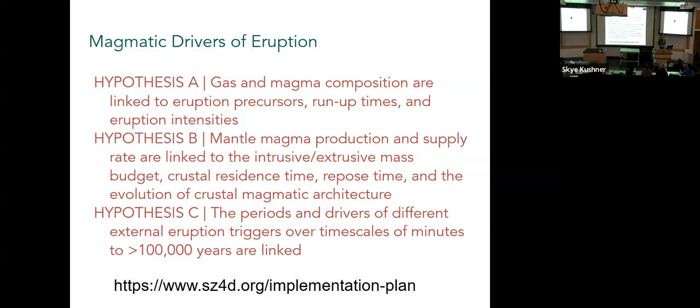Hypothesis B: mantle magma production and supply rate is linked to the intrusive, extrusive mass budget, crustal residence time, repose time, and evolution of crustal magmatic architecture. And hypothesis C: the periods and drivers of different external eruption triggers over time scales of minutes to hundreds of thousands of years are all linked. Details are in the implementation plan.